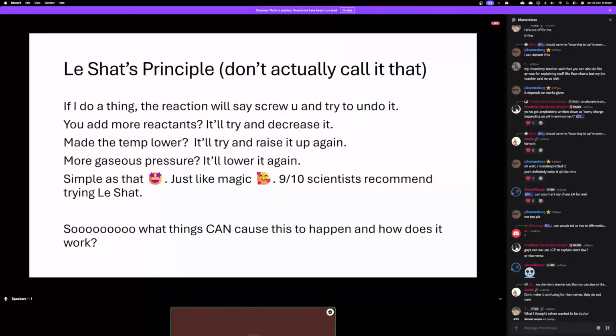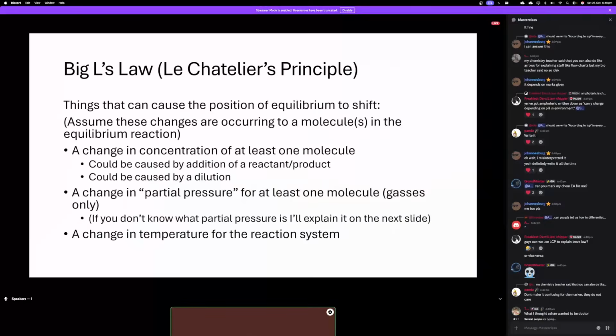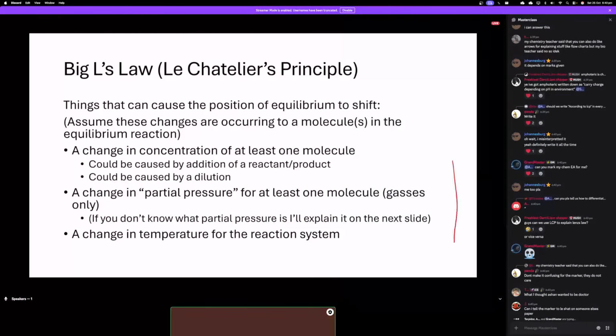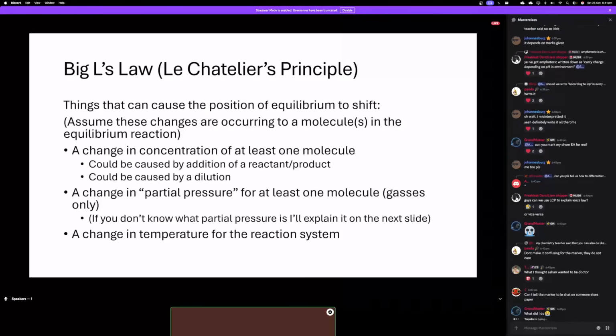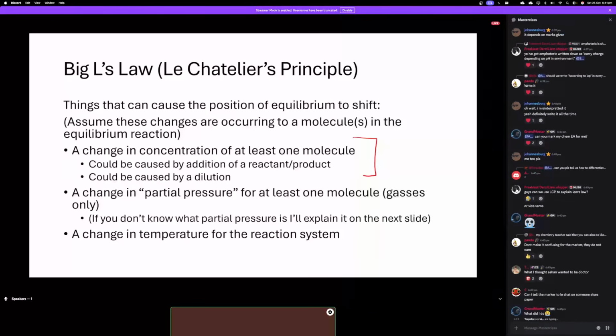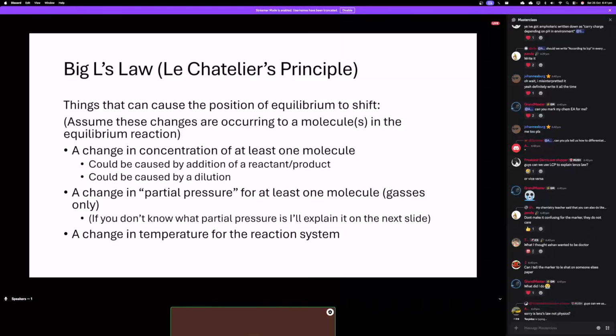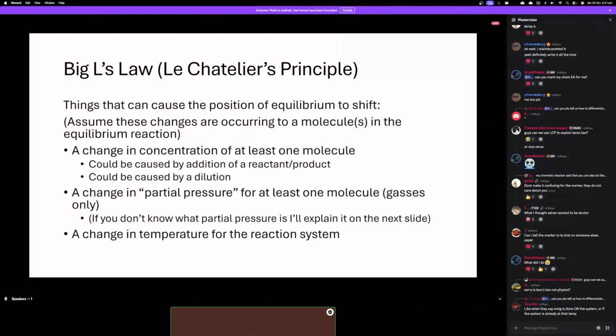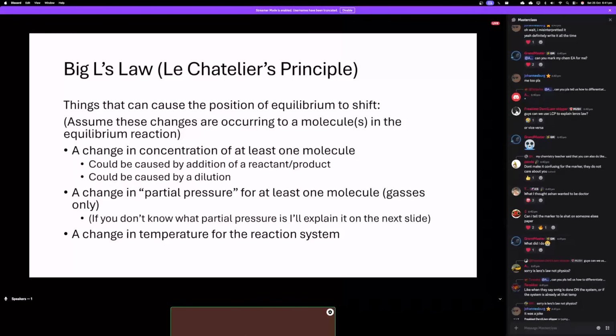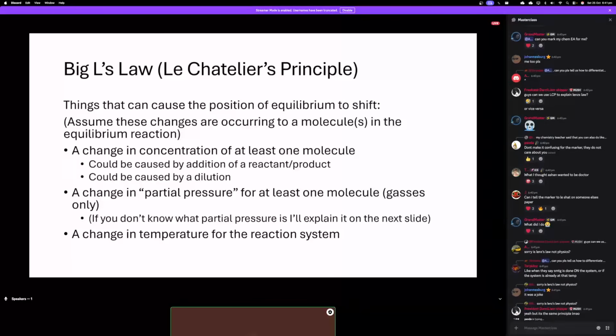Yeah. So, let's go to LCP. These are the main things you'll see. If there is a change in concentration of at least one of the molecules, so maybe I added some reactant or product, or I diluted it, then this can cause a change in partial pressure.